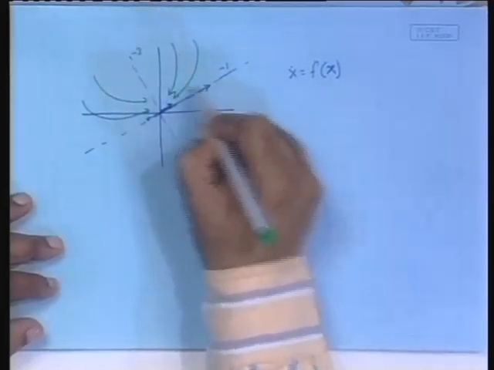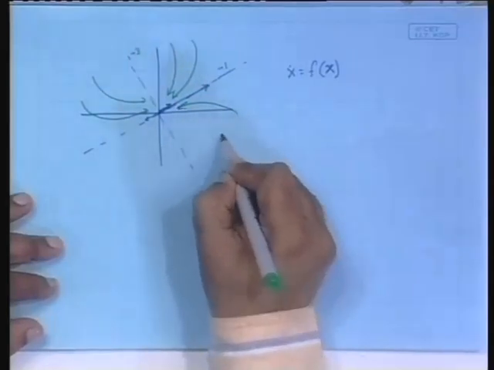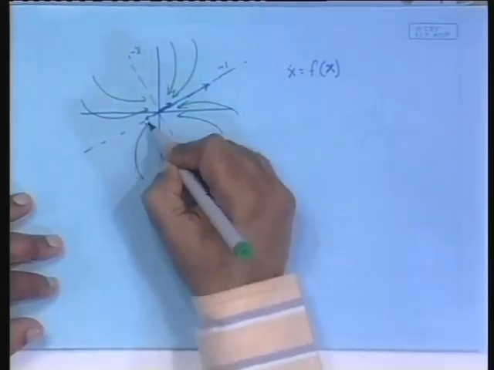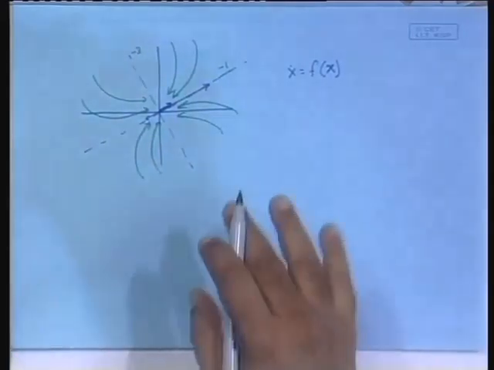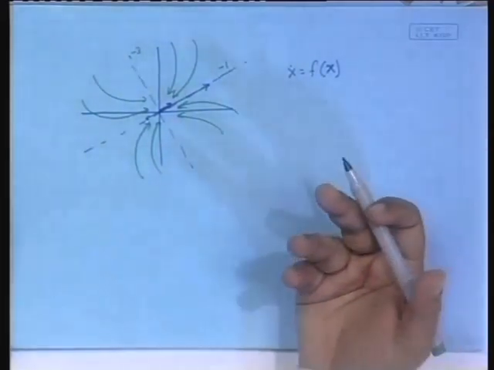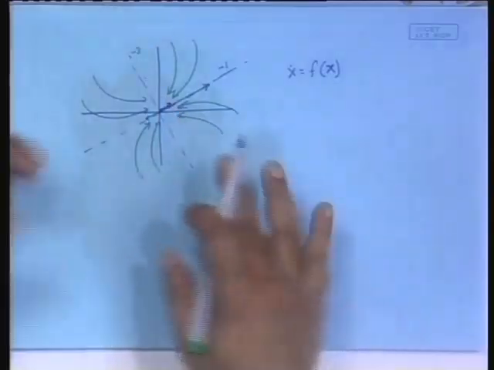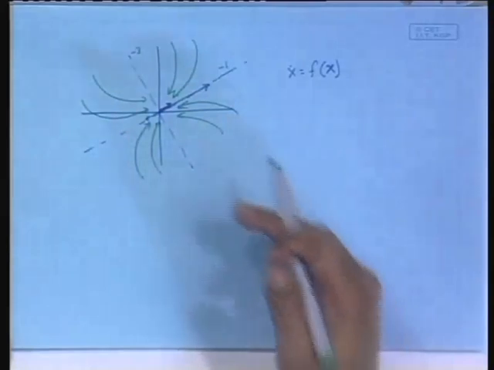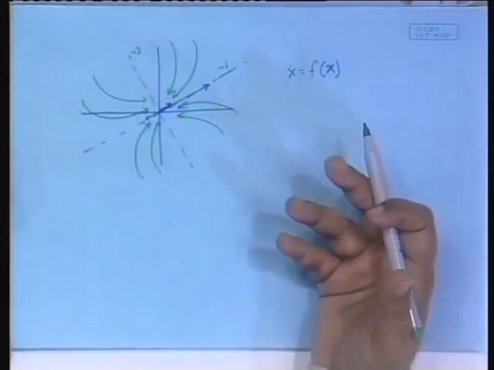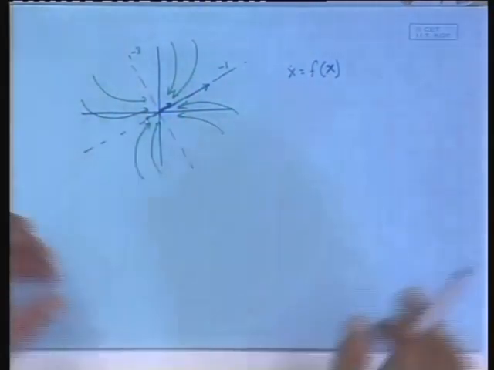Thus, we drew what is known as the vector field. The character of the vector field will be like so. If we have the eigenvalues positive, that means +1 and +3, it will be just the opposite, arrow direction will be opposite, but the character will be the same, it will be an unstable equilibrium point.